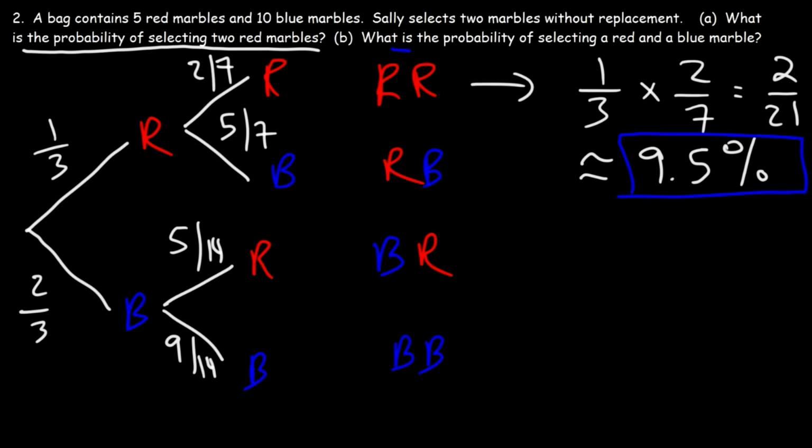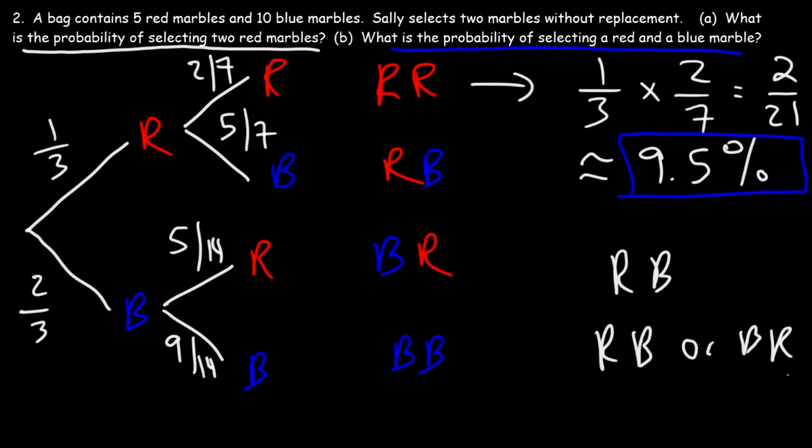Part B. What is the probability of selecting a red and a blue marble? So does the order matter here? Are we looking for red and then blue, or are we looking for red, blue, or blue and red? All we need is just a red and blue marble. So this is going to be the answer.